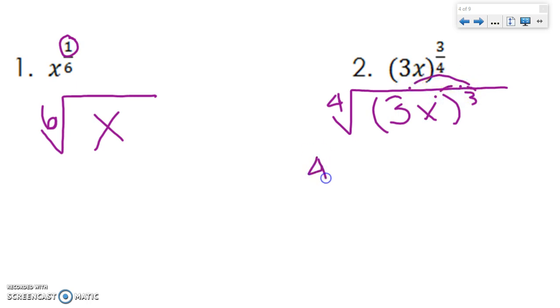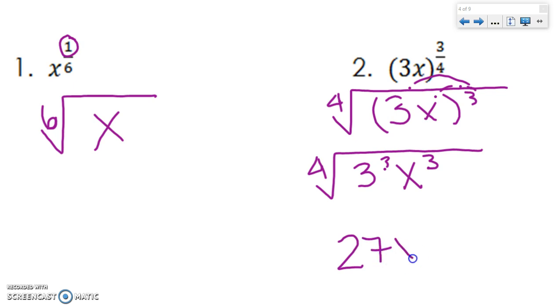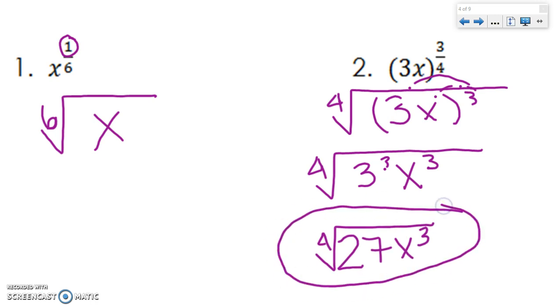So I'm still going to have a 4th root, but now it is 3 to the power of 3, x to the power of 3, and 3 to the 3rd power is 27, so I can simplify that one step further and say that it is the 4th root of 27x to the 3rd.